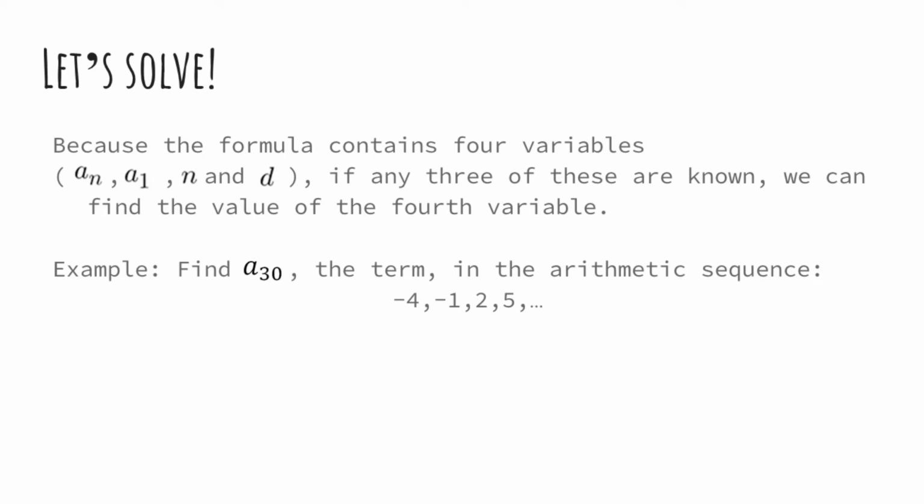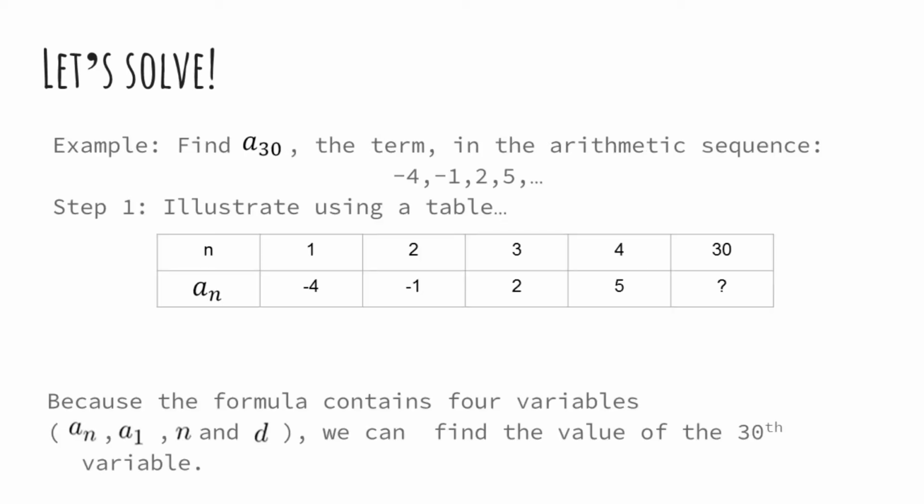So for example, we want to find a sub 30, or the 30th term, in the arithmetic sequence negative 4, negative 1, 2, and 5. As you can see, we have here a number sequence. So in step 1, we have to illustrate this number sequence using a table.